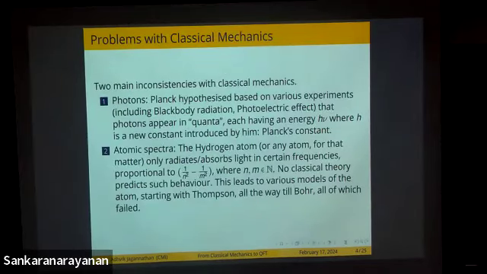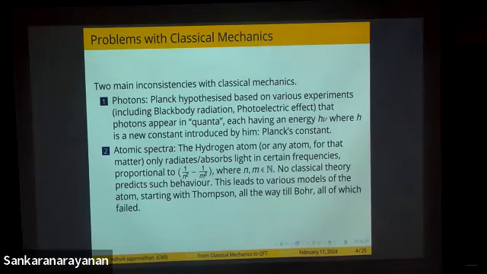Now, why is classical mechanics bad? So the first thing is photons. The history of light, I'm sure some of you have heard about the Newtonian corpuscle theory and whatnot.